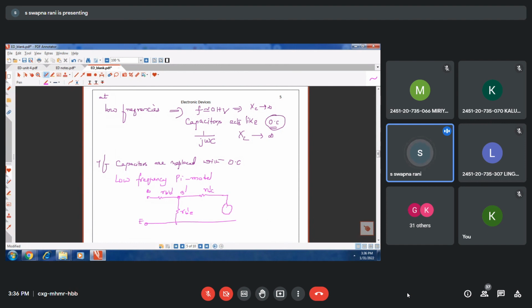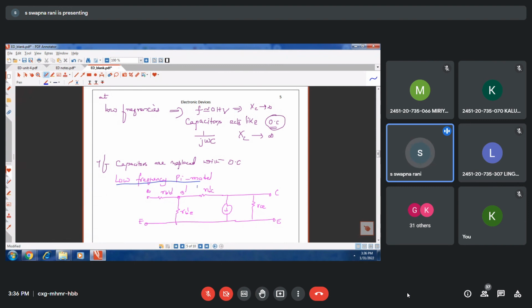This current source will anyhow be there, and the bulk resistance RCE, collector and emitter. So this becomes the low frequency model. At low frequency the capacitors act as open circuit, so we can call this the low frequency pi model.